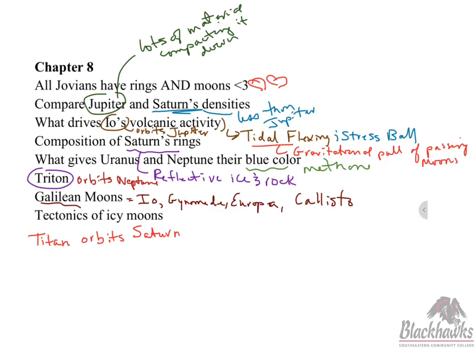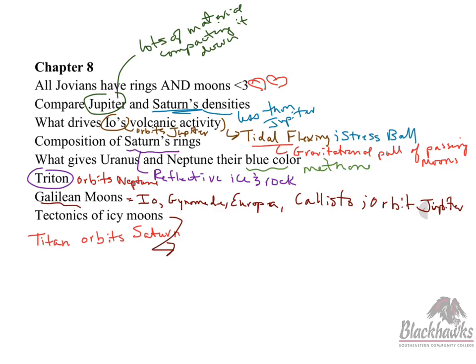Do they all orbit Jupiter? Yep, they all orbit Jupiter. Those were the moons, the Galileans. Very good.